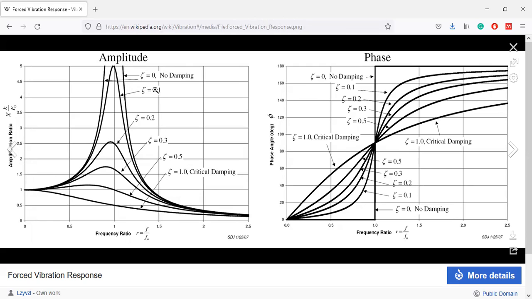If the zeta value goes to 0, then this amplification ratio to frequency ratio goes to infinity. It goes to infinity for the zero or no damping case.